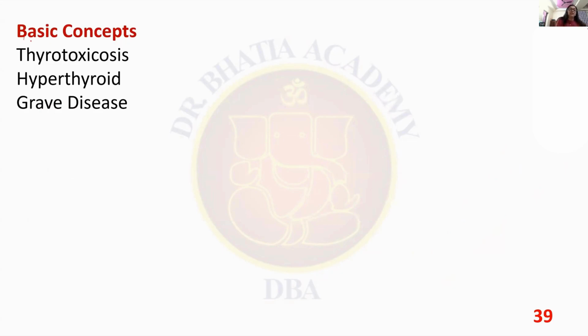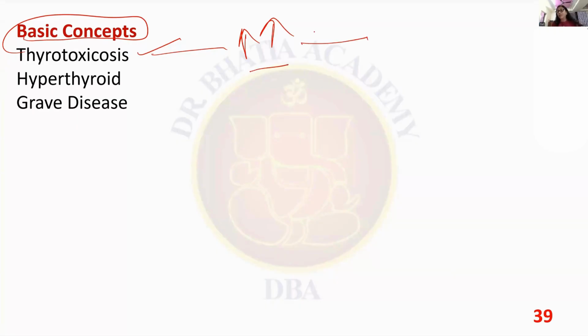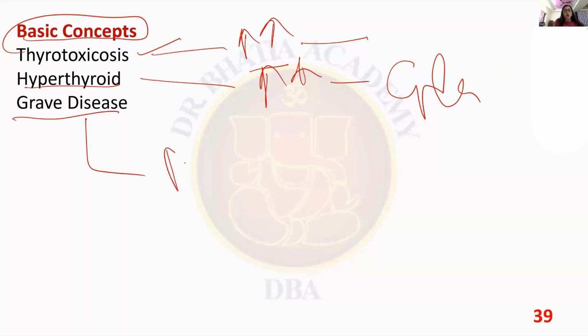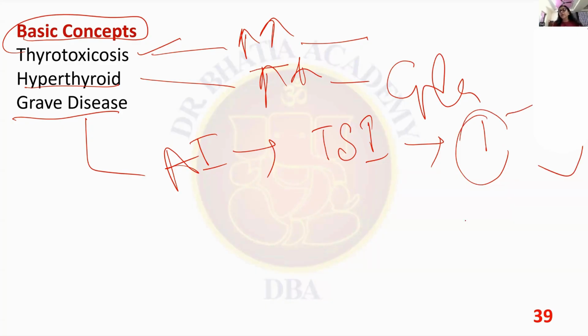So coming to the basic concepts of thyrotoxicosis. Thyrotoxicosis is increased thyroid hormones, which may not be coming from the gland. Hyperthyroid is increased thyroid hormones coming from the gland. Graves is an autoimmune condition due to increased thyroid stimulating immunoglobulins, producing generalized enlargement of the entire gland producing more thyroid hormones.